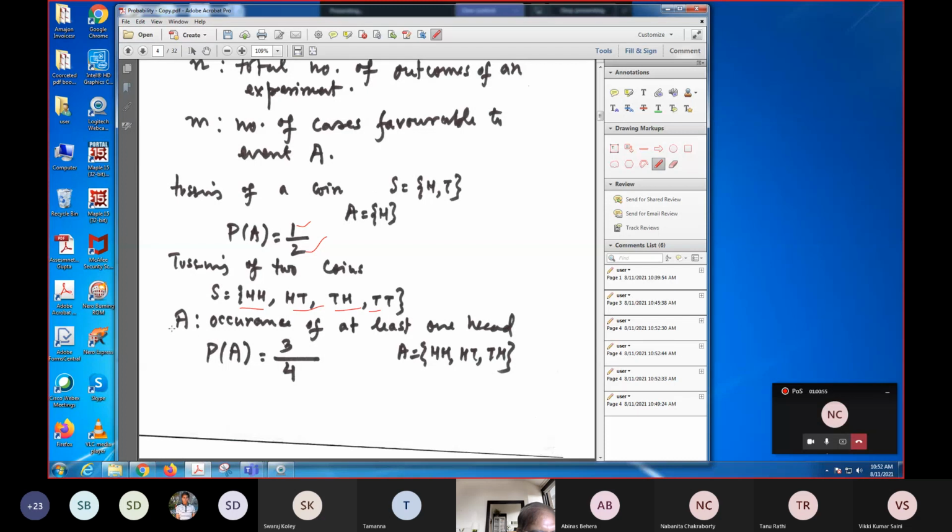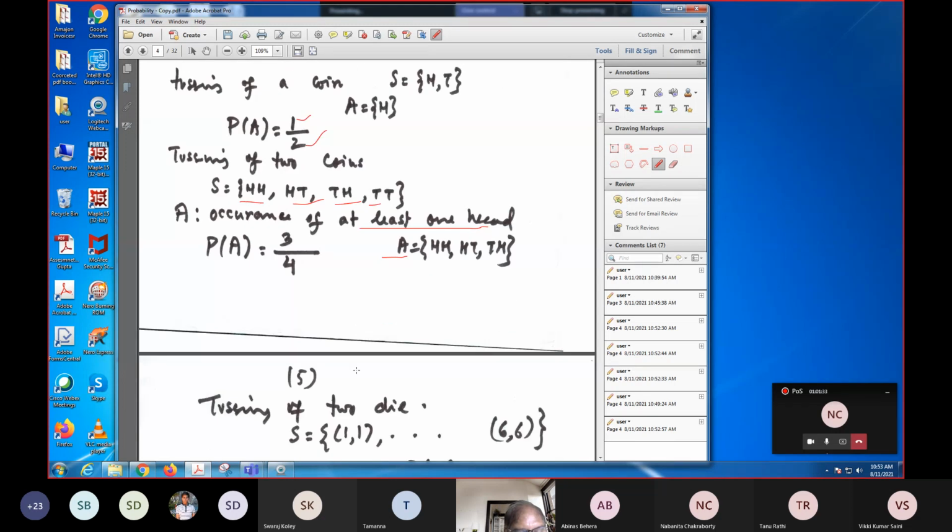The event which is defined is the occurrence of at least one head, denoted by A. A will consist of three elements: HH, HT, TH. So according to the classical definition, if I want to find the probability of this event A, in the denominator there are 4 outcomes, and the number of cases favorable to A is 3. So the probability of this event is 3 by 4.